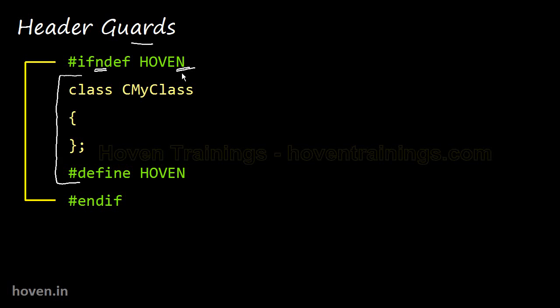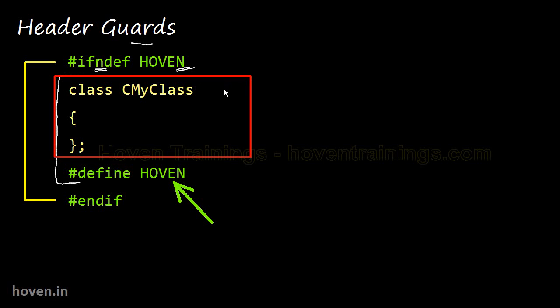And hoven is undefined when this header file is included the first time. So during the first time, this class definition gets included, and at that time this causes the symbol hoven to be defined.